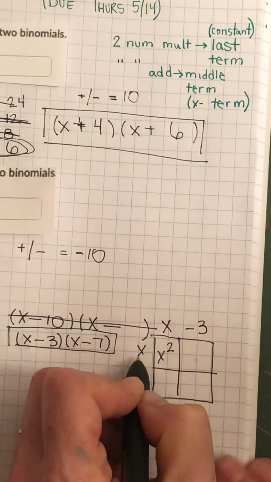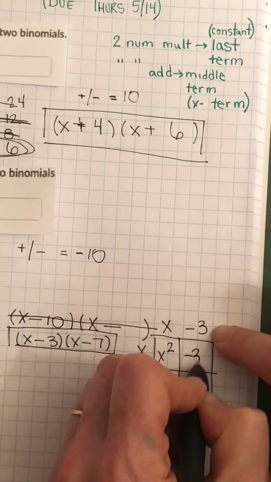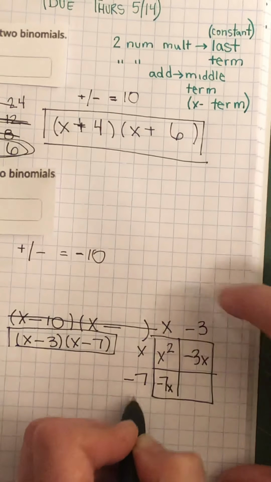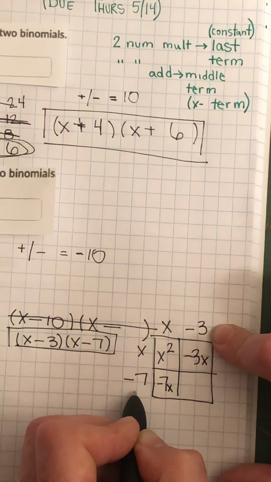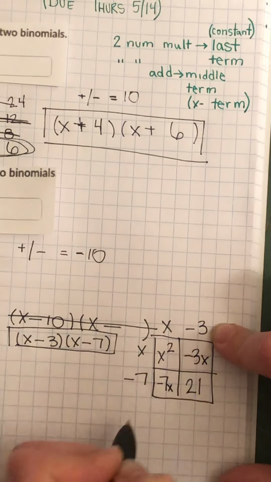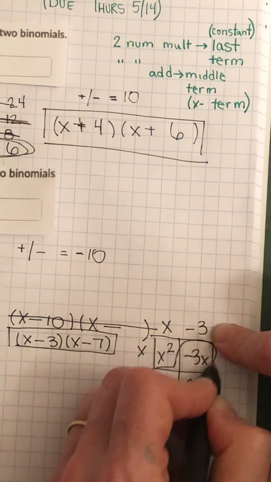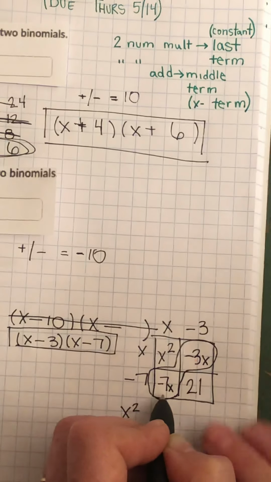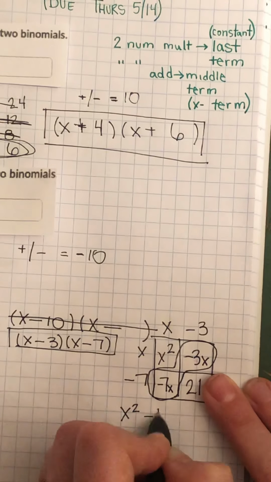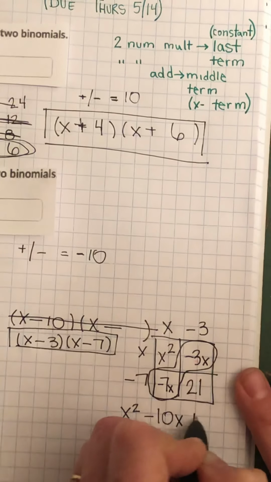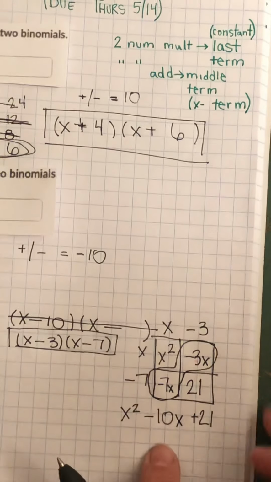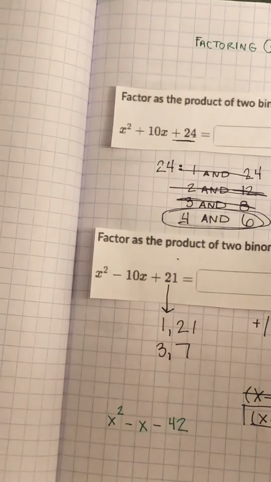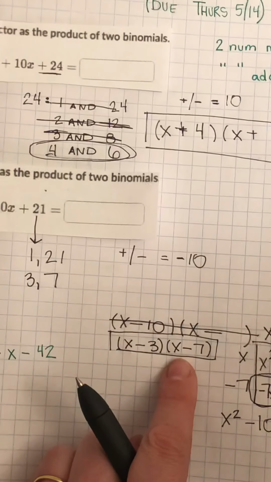X squared, x times negative 3, x times negative 7, and negative 3 times a negative 7 is a positive 21. And I can combine my diagonal x's. So my final answer is x squared, minus 7 minus 3 is a minus 10x, and that's a positive 21. Is that my original? Yes, I am happy. So here's my answer.